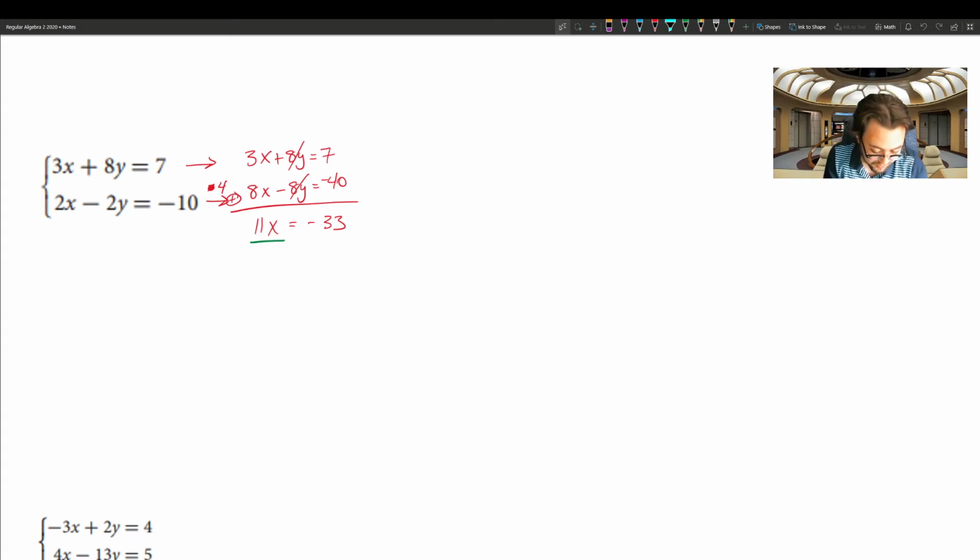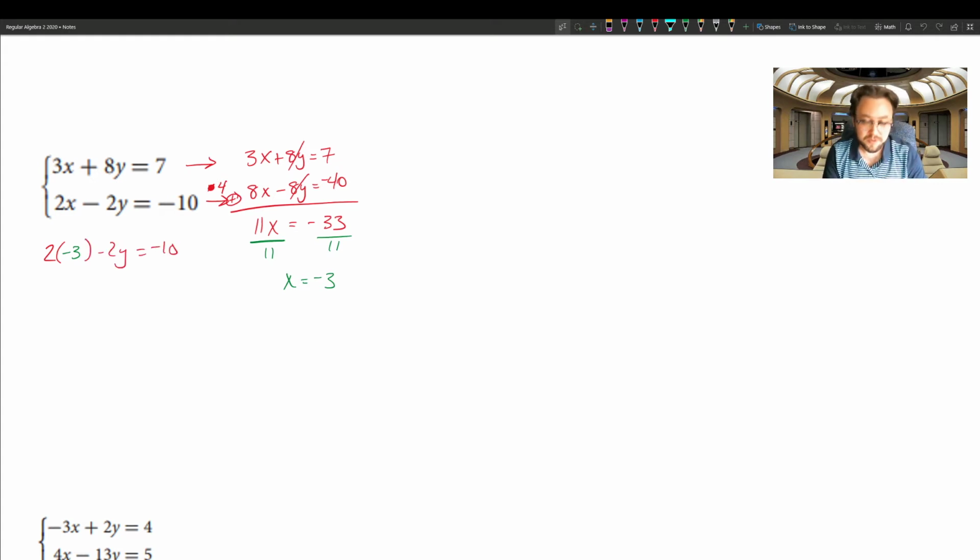I'm just going to divide by my coefficient 11, and I get that x equals -3. I think that's a lot easier so far. So I'm going to plug this into either problem. I'm going to go with the bottom one because the numbers are smaller and I'm lazy. So 2 times -3 minus 2y equals -10.